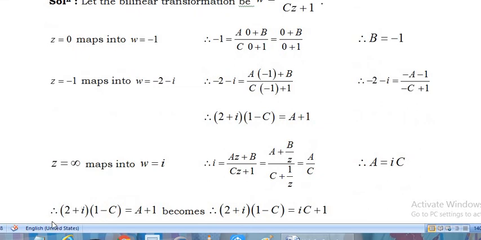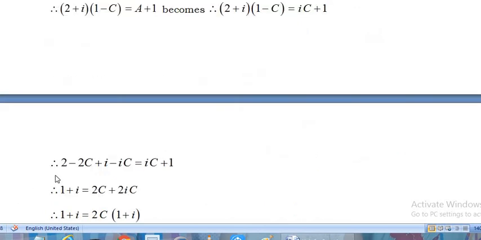Therefore, 2 plus I into 1 minus C is equal to A plus 1 becomes (2 + I)(1 - C) = IC + 1. Therefore, 2 - 2C + I - IC = IC + 1.